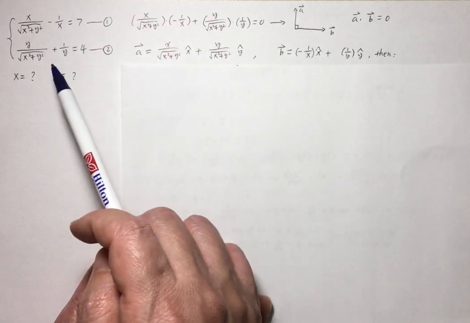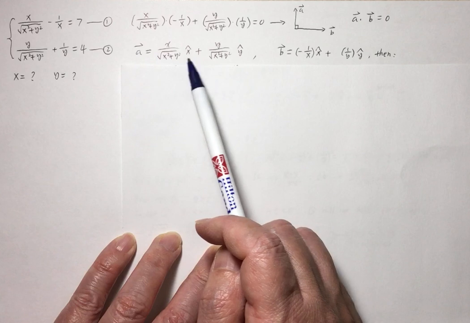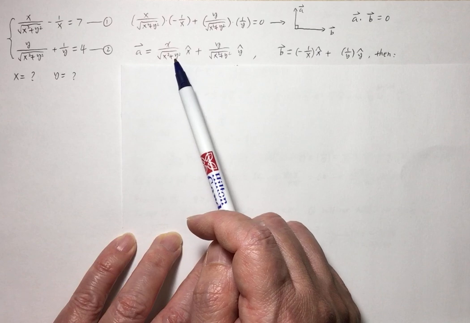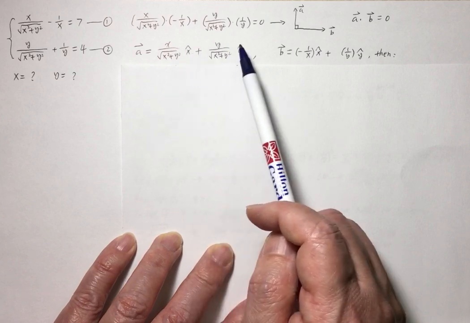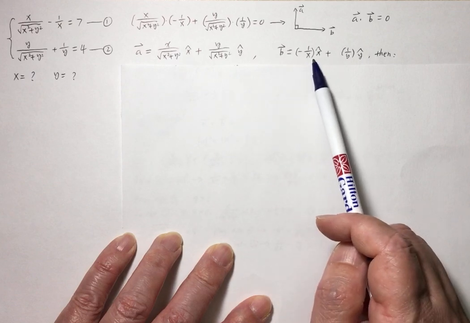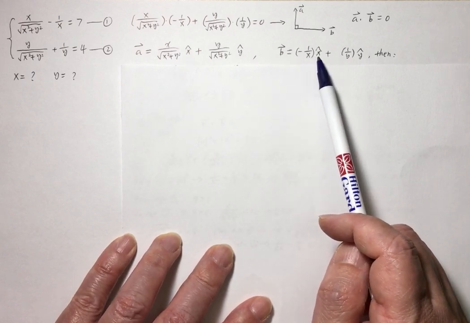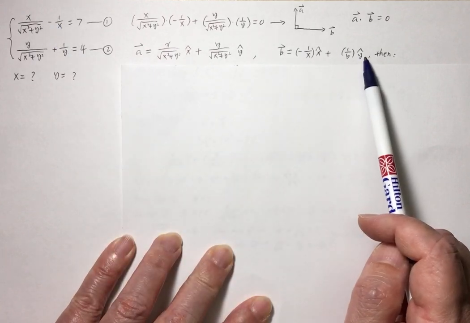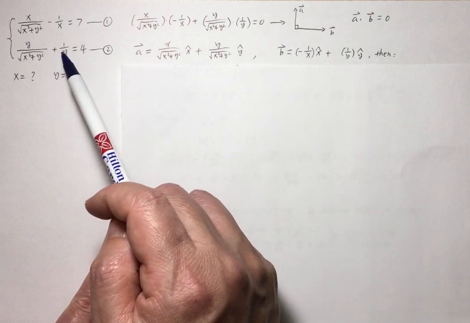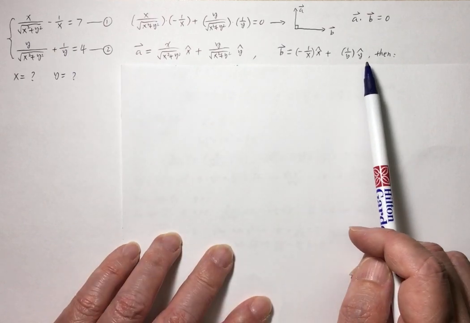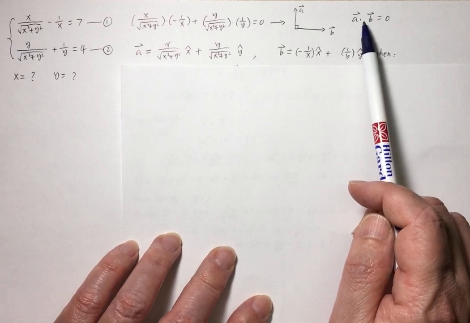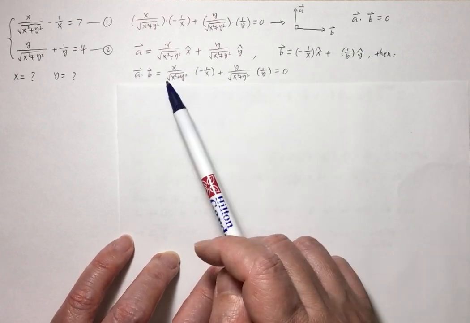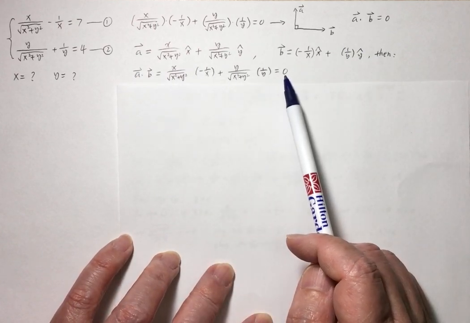If we assume that A is equal to x over square root of x squared plus y squared along the x direction, and also this term along the y direction, and then the B vector, the x component is 1 over x minus, and then the y component is 1 over y, this term. Then if we do vector A dot vector B, we get 0.